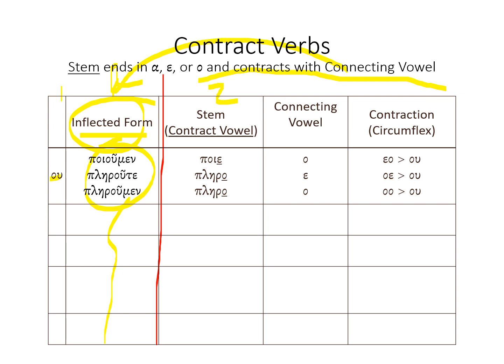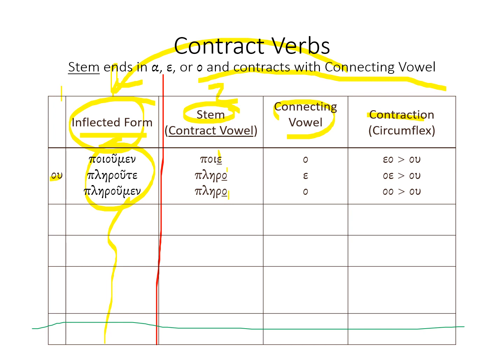Well, we've already assumed a root. We can just think about a root down below here. We've assumed that, so now we're just working with the particular stem that's taken up, and we have here a stem that ends in epsilon, omicron, omicron. When these vowels come into contact with a connecting vowel, there is a contraction, and that's what we're looking at here.